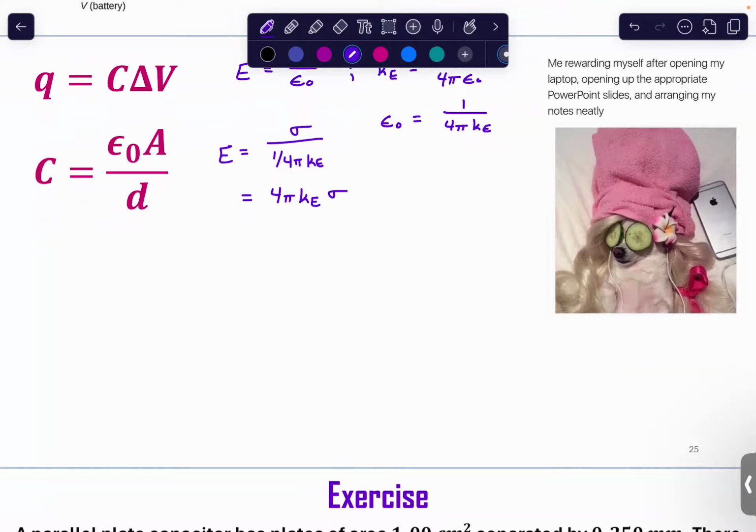But before we really go there, let's simplify this. So let's say, again, what is sigma? You should know by this point. Who knows what sigma is?